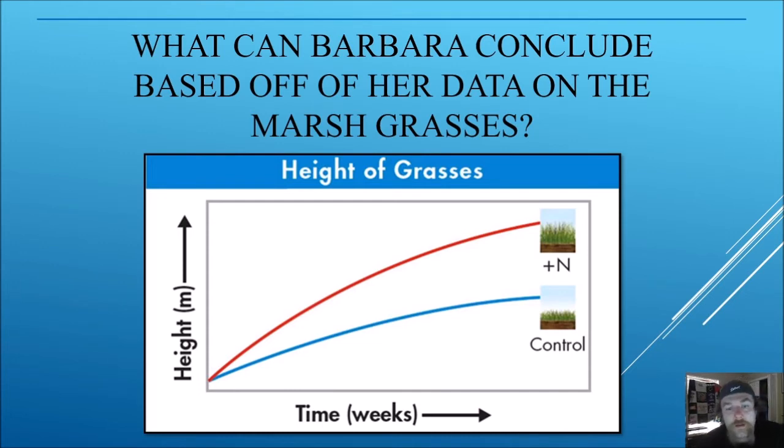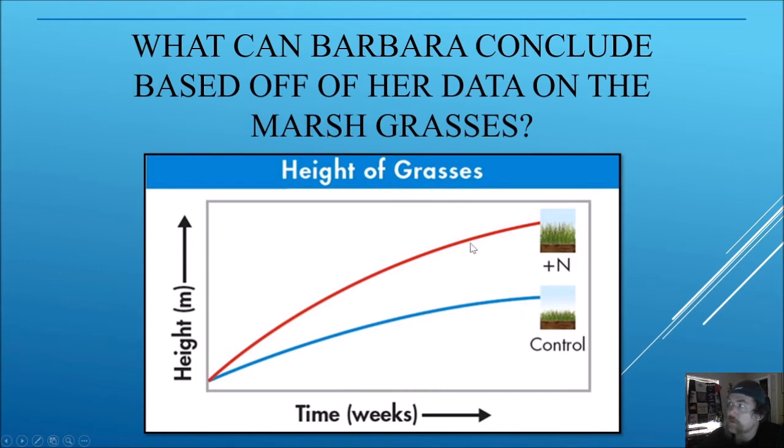All right, so let's say you have 2 different types of grass, and N is nitrogen, which is basically fertilizer. If I have 2 different lines, that's 2 different experiments, what conclusion can you draw based on this? Well, if I add fertilizer versus if I just left it alone, my control.